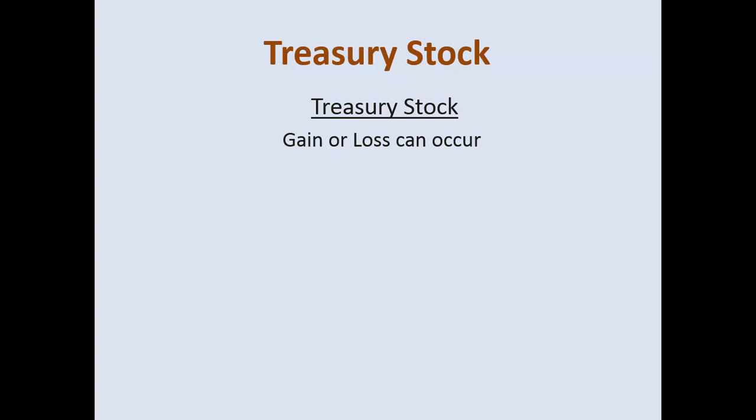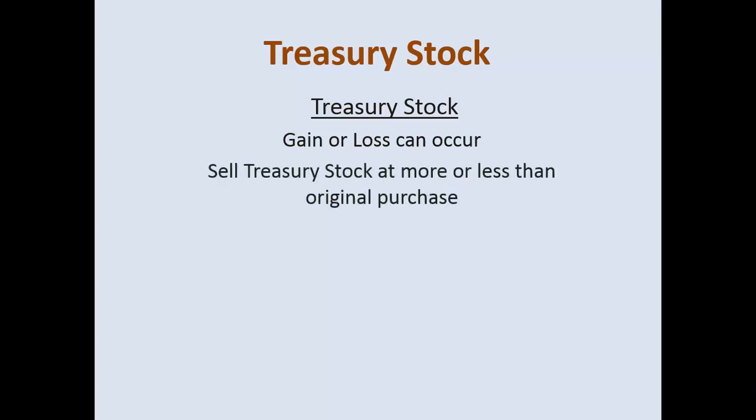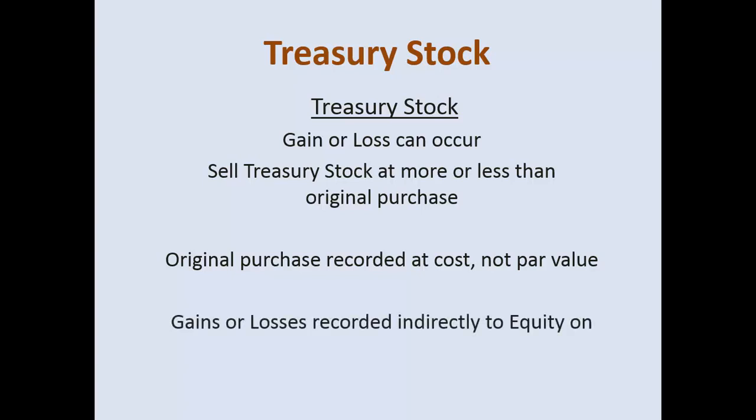So just to refresh, with treasury stock, a gain or loss can occur when you resell treasury stock at more or less than the original purchase price. The original purchase is recorded at cost, not par value. The treasury stock method is the cost method. Gains or losses are recorded indirectly to equity on resale of the treasury stock.